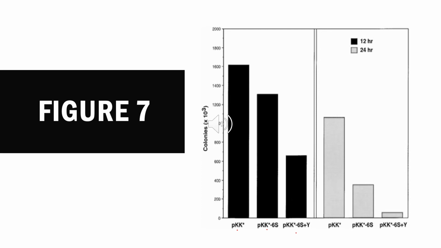Figure 7 is showing the results here, and we can see there's a decrease, even in the controls. In both, from the 12 hours to the 24 hours, we definitely see that decrease, but there's a much larger difference over the 24 hours. We don't see as substantial a decrease at 12 hours.